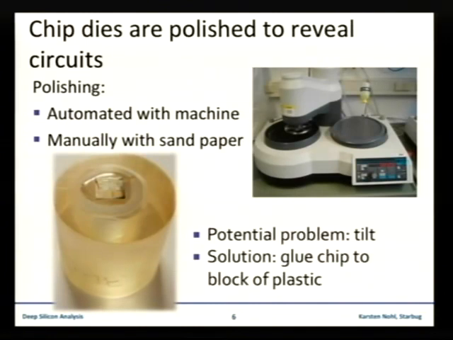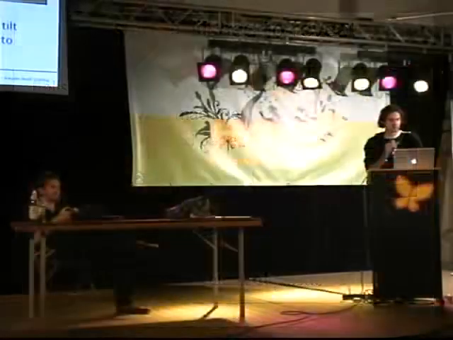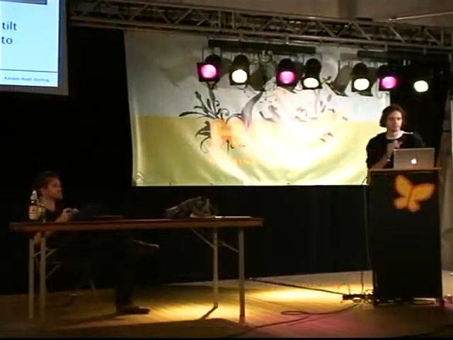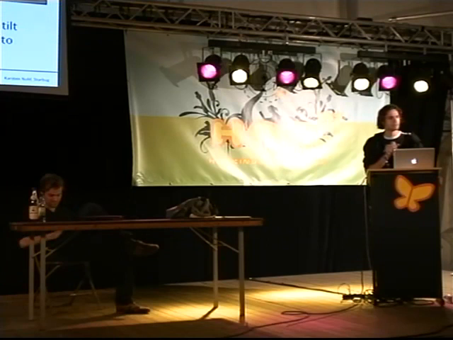So it's just a spinning table, and you put some polishing liquid on it, and it will polish the silicon chip to the layer you want to have. And there's generally a problem. These chips have bonding pads on top of them, so if you put this upside down to polish it, it will have a tilt.